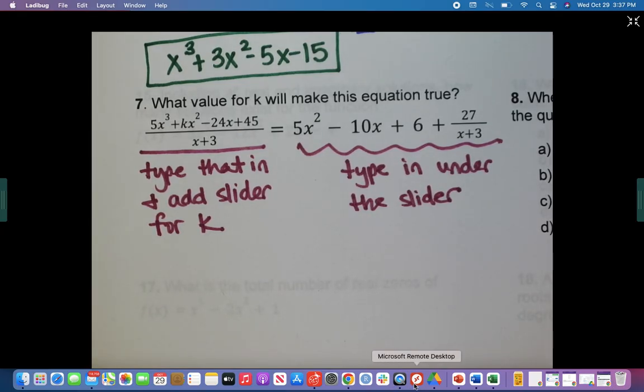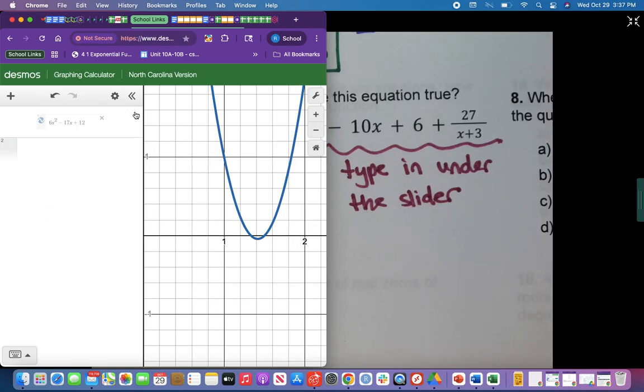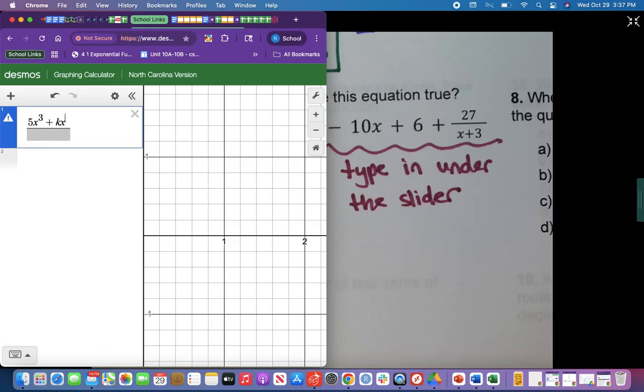So let me pull up. Excuse me. All right, so 5x to the third plus kx squared minus 24x plus 45.